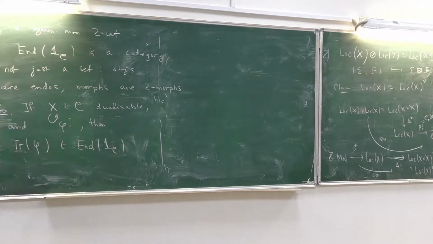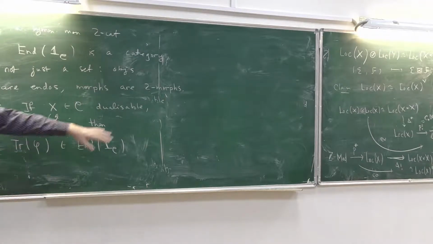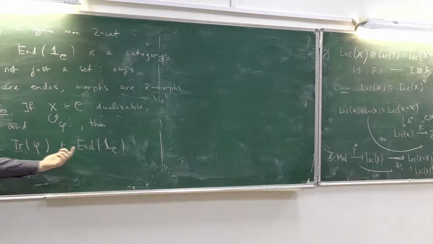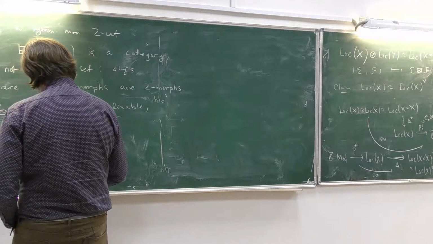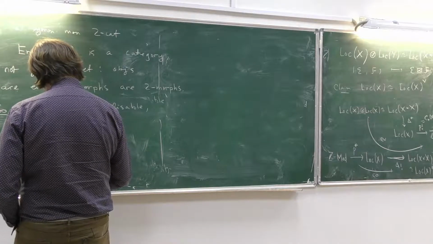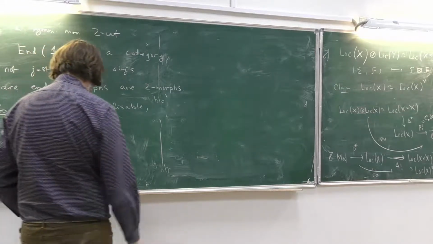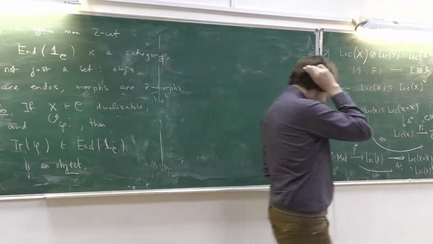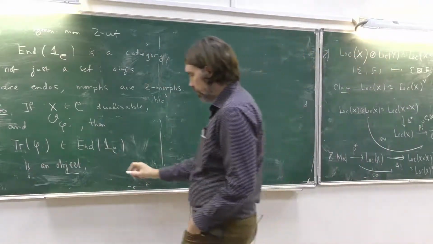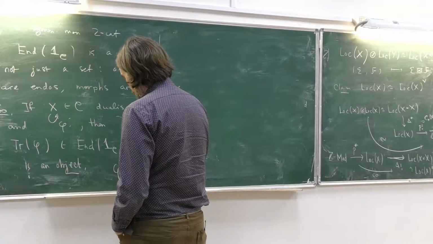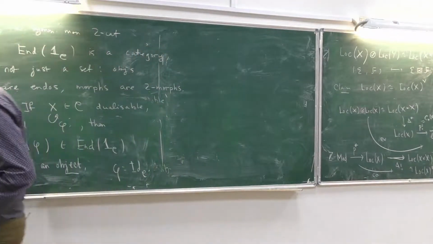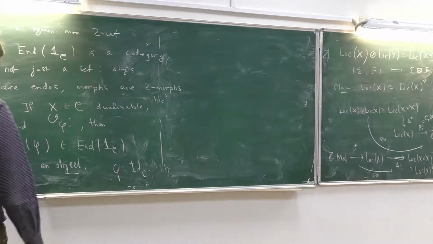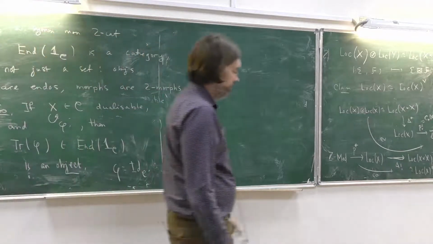This is an object. So in the 1-categorical setting, this is a set. You just get a point in that set. Here we get an object in a category. Right. And a special case, of course, would be phi is the identity. Okay. So I want to compute this in a few cases.